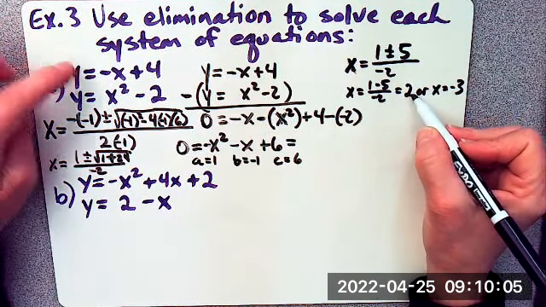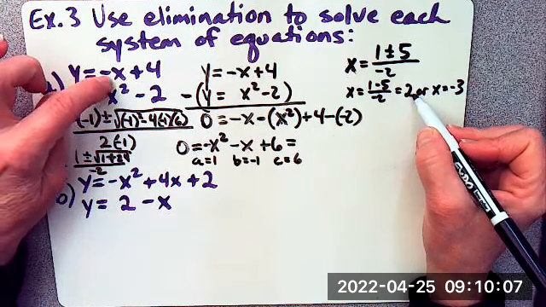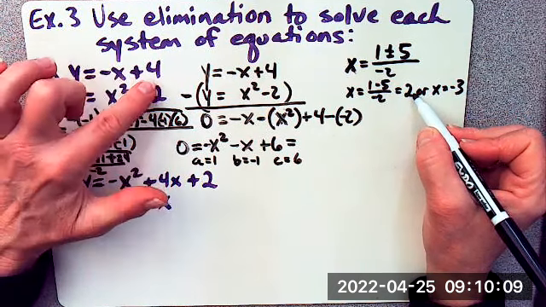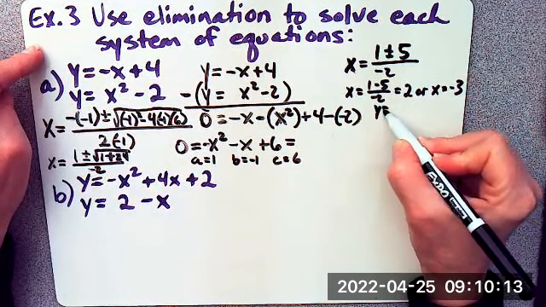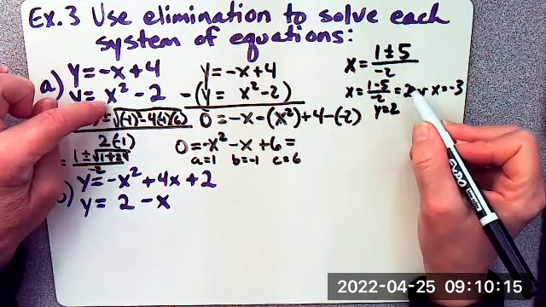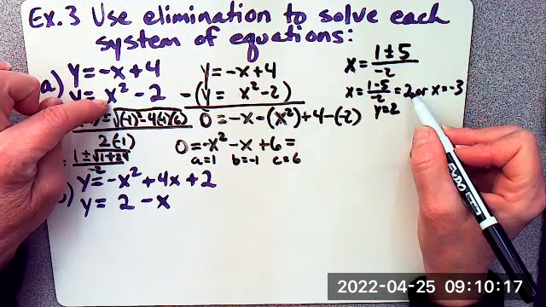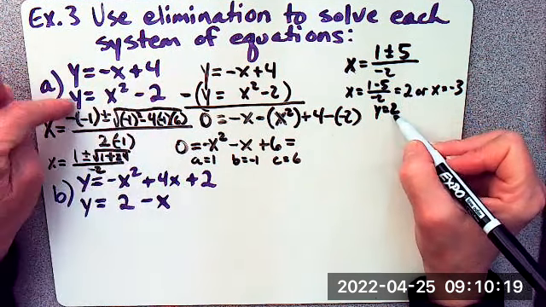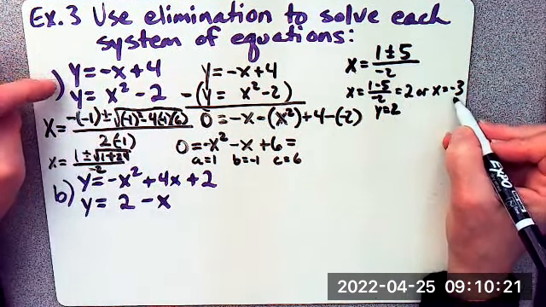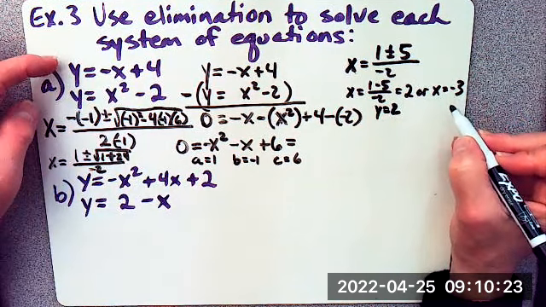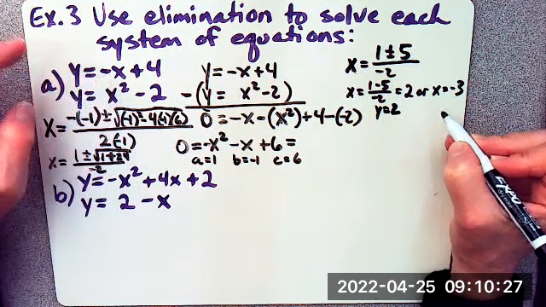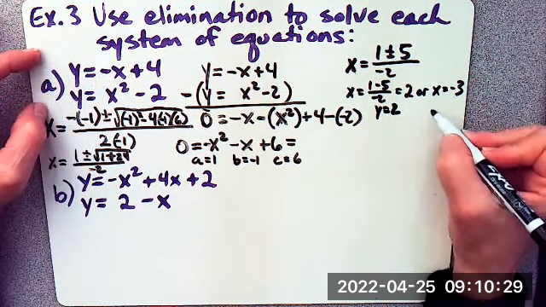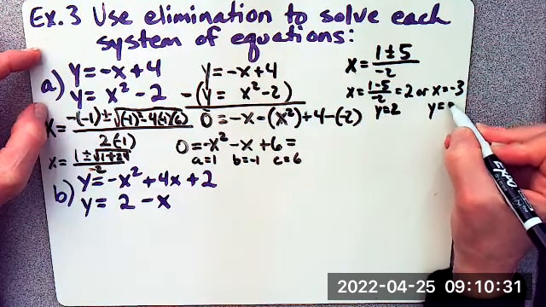So if we put x equals 2 into y equals -x plus 4, that gives us y equals 2 for this one. Let's double check it. 2 squared is 4, minus 2 is also 2. All right, let's try -3. So y equals -(-3), which is +3. So 3 plus 4 is y equals 7.